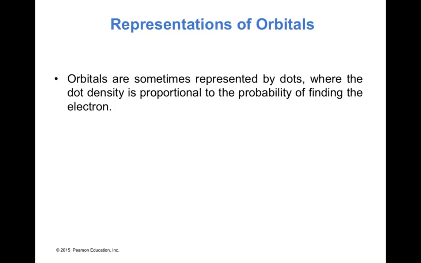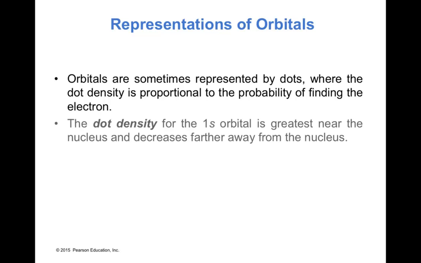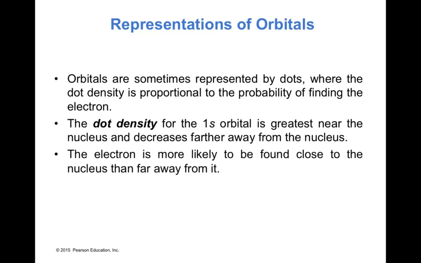Orbitals are sometimes represented by dots, where the dot density is proportional to the probability of finding the electron. The dot density for the 1s orbital is greatest near the nucleus and decreases farther away from the nucleus. I will show you an example of this in a few minutes. The electron is more likely to be found close to the nucleus than far away from it in a 1s orbital.